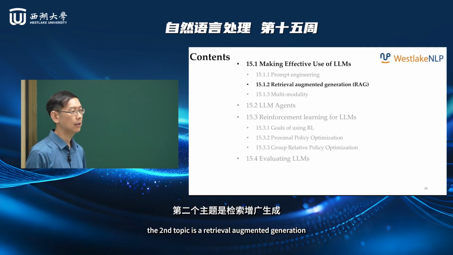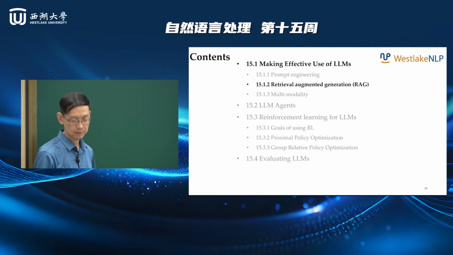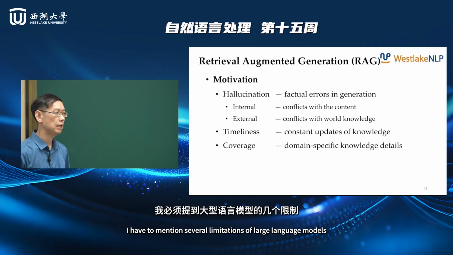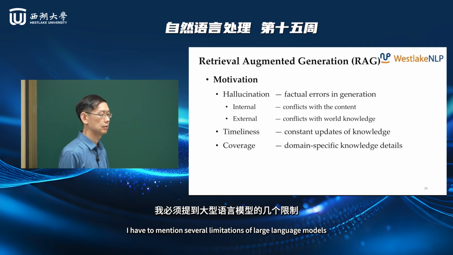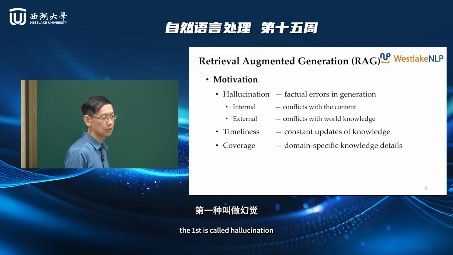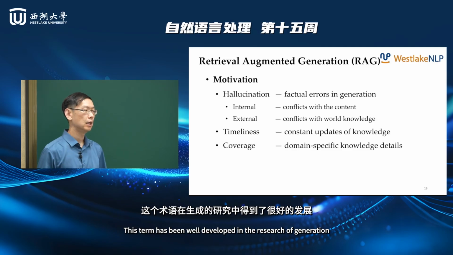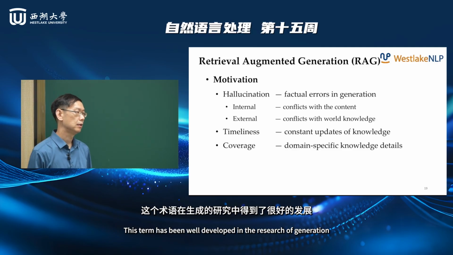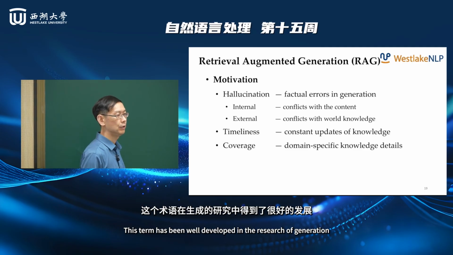So the second topic is retrieval-augmented generation. I have to mention several limitations of large language models. The first is called hallucination. This term has been well developed in the research of generation.